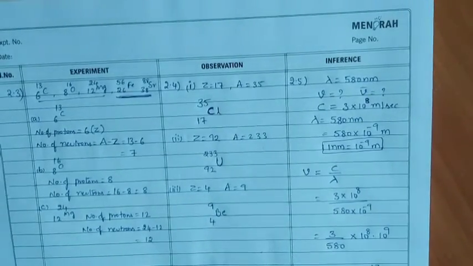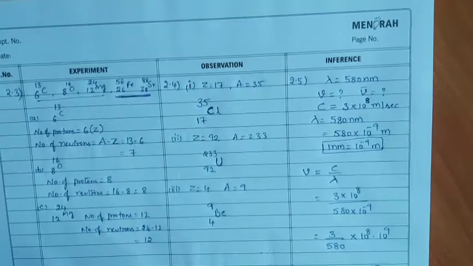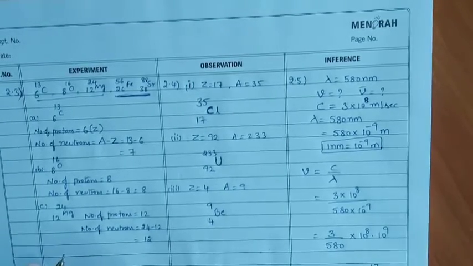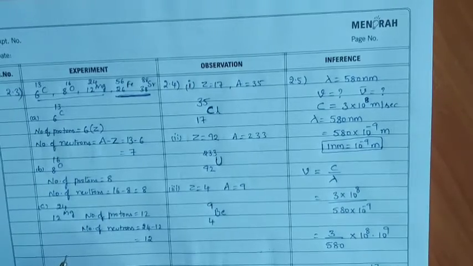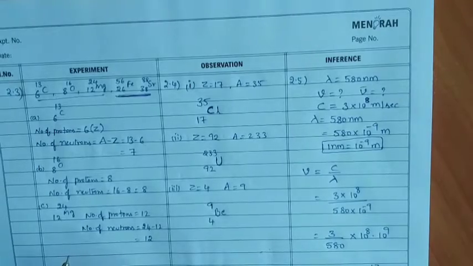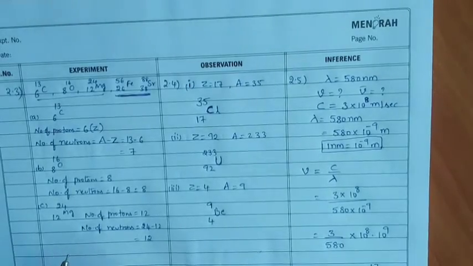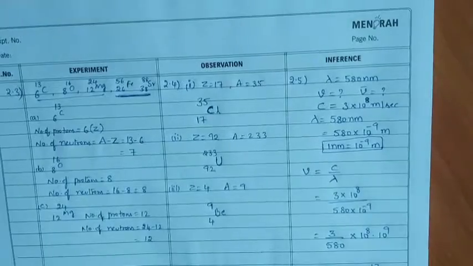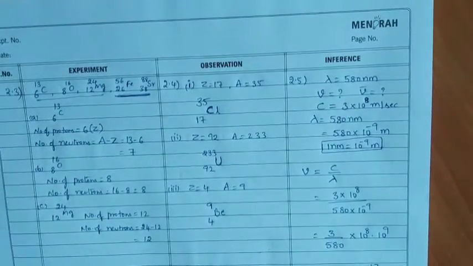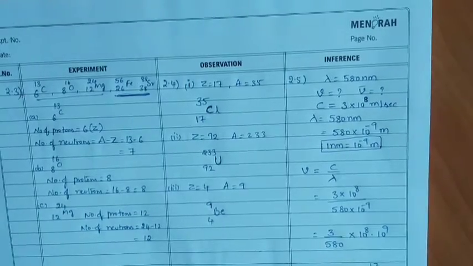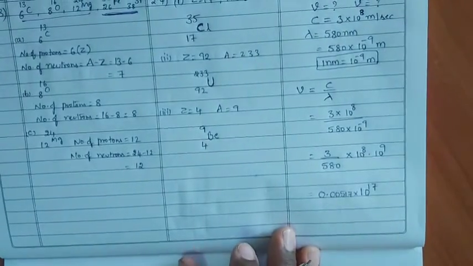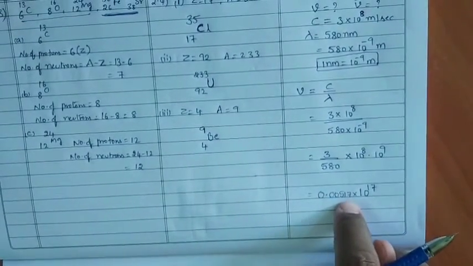Let us see the 3 by 580 value. 3 divided by 580 is 0.00517.